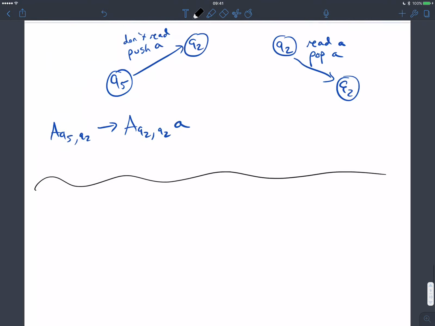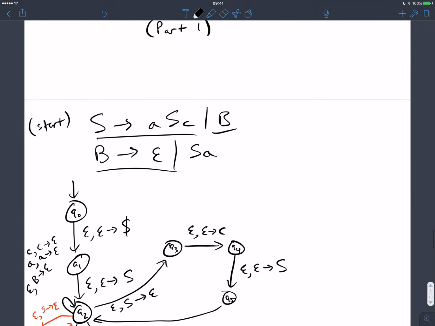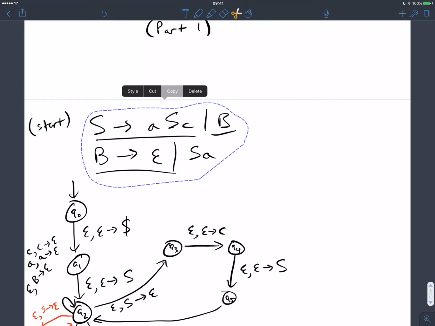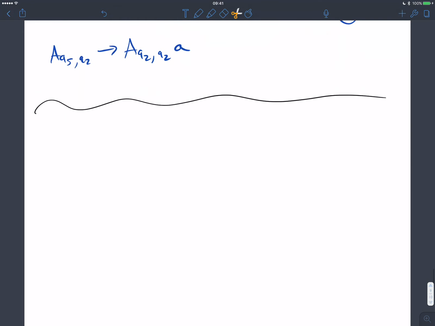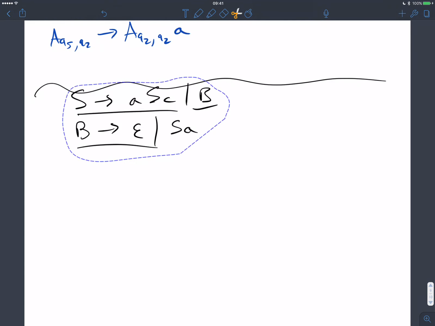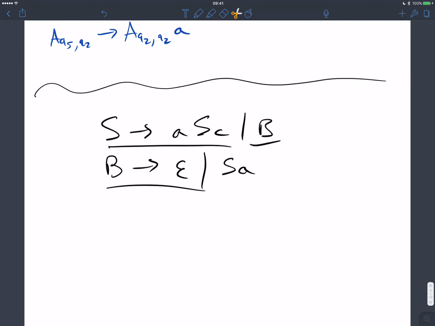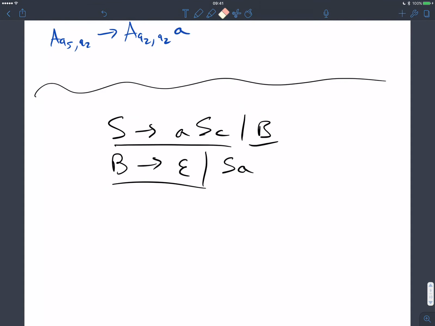Sure. How about we do the exact same example we did. Prove that the language of this CFG is not regular.